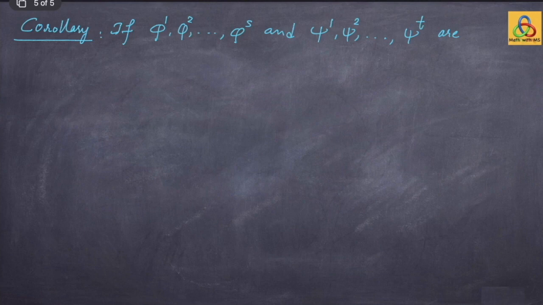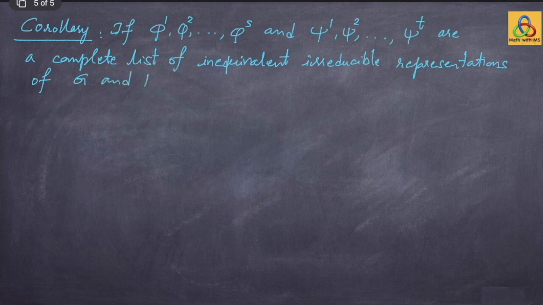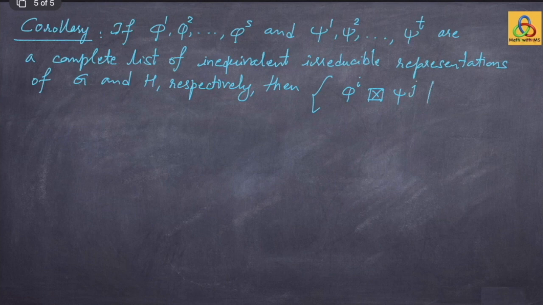Let us write an interesting consequence of the preceding observation. So if phi 1, phi 2, so on phi s, and psi 1, psi 2, so on psi t are complete lists of inequivalent irreducible representations of two groups G and H respectively, then look at this set: phi i exterior tensor with psi j, where of course i varies from 1 to s and j varies from 1 to t.